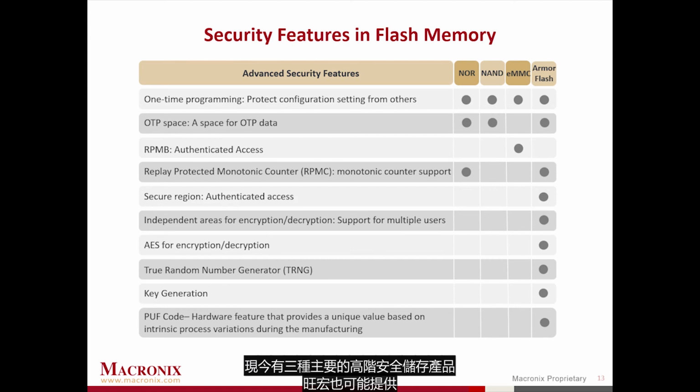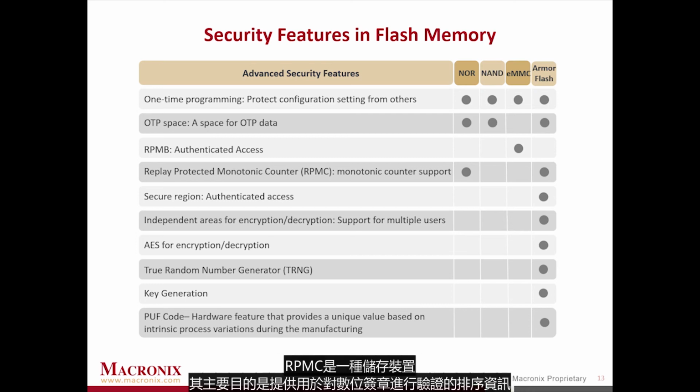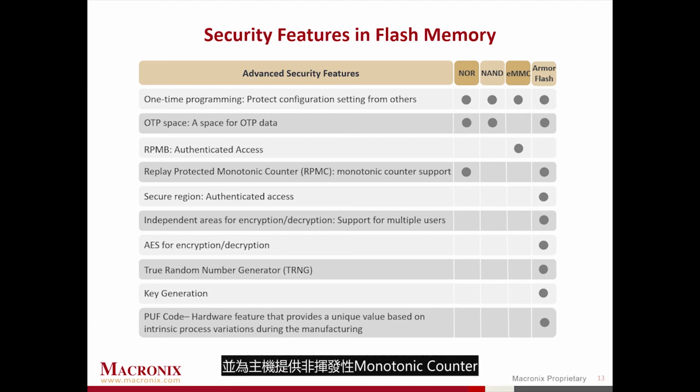There are three major advanced security memory products available today, and that Macronix also offers: RPMC, Authentication Flash, and a more full-featured Secure Flash. RPMC is a memory device whose main purpose is to provide sequencing information for signing digital signatures, and also to provide non-volatile monotonic counters for the host to support sequence frames in secure communication protocols like TLS to thwart man-in-the-middle attacks.